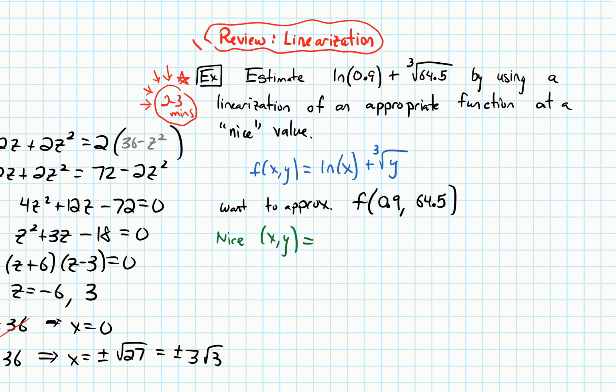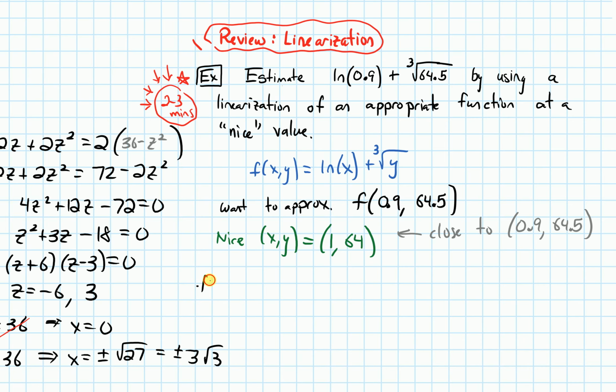Well, it would just be 1. I know what ln of 1 is. It's 0. And what's something close to 64.5 that I can plug in easily into a cube root function? That's 64.